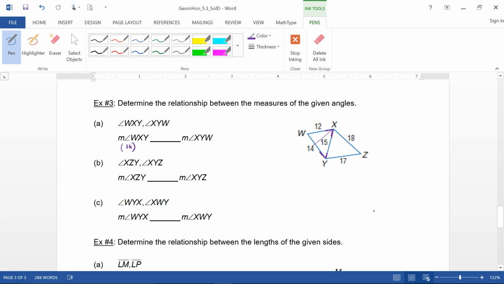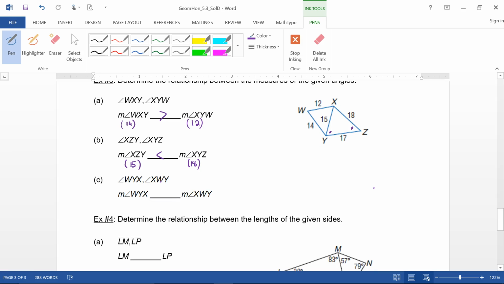It faces a side of 12. Therefore, the first one is bigger. Okay? Let's see about the next one. XZY is this one. And we have that it faces a side of 15. XYZ is this one. It faces a side of 18. Therefore, this is bigger. So XZY is smaller.